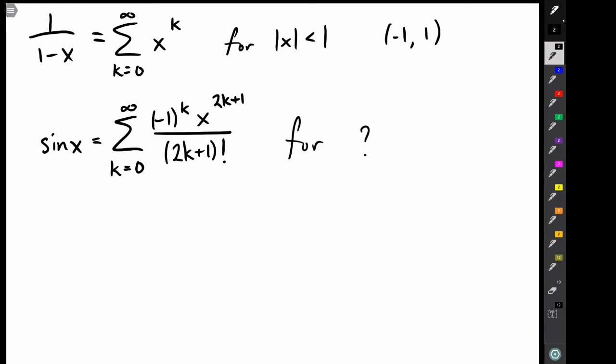All right. So this is where the radius of convergence comes in. Let me start off with a visual idea of what the radius of convergence is for a function, and I'm going to use this as an example up here.